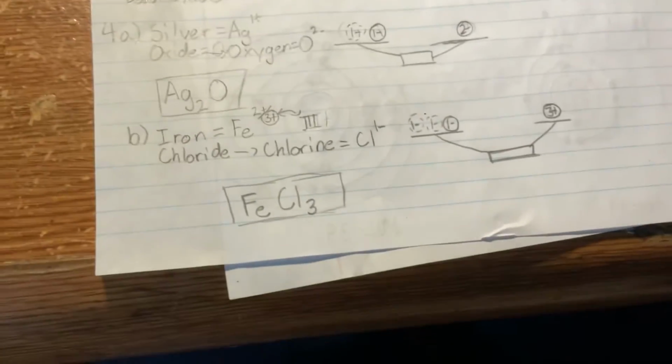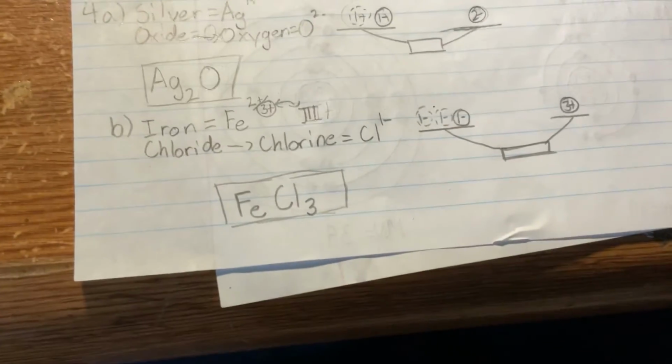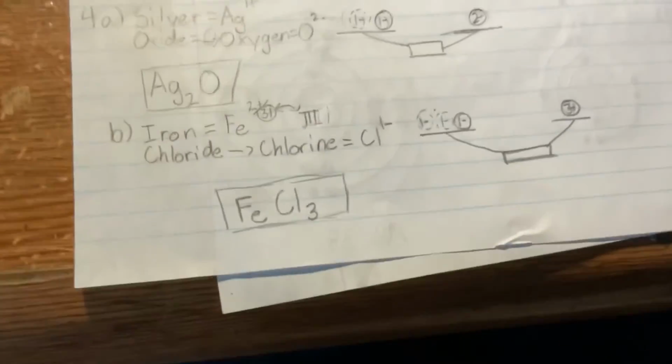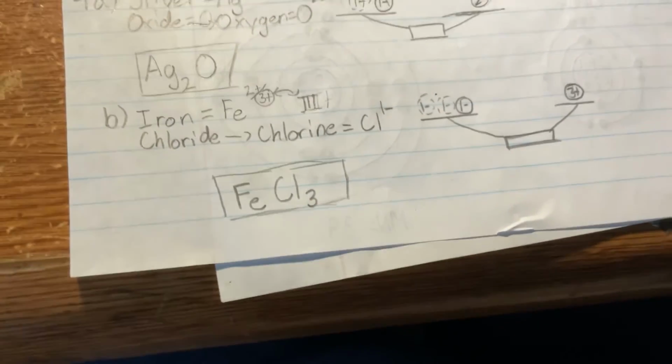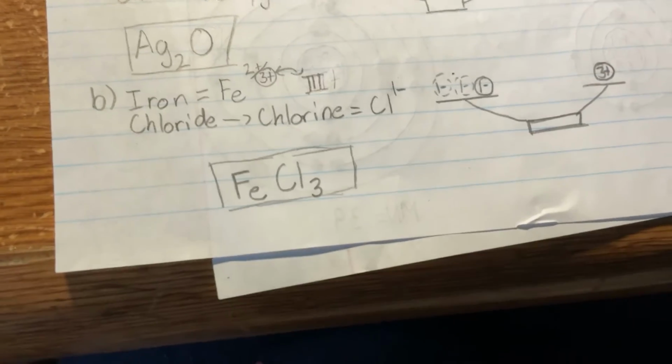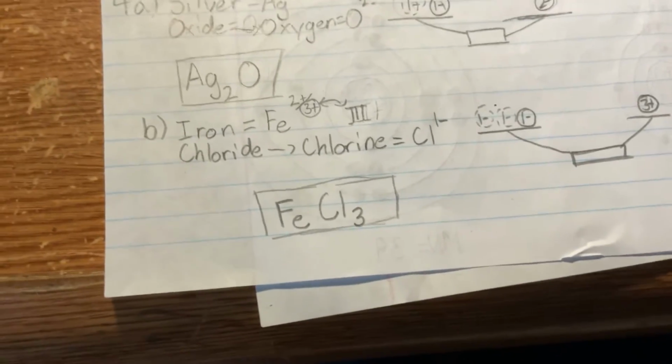For 4b, since iron is Fe, and it can either have an ionic charge of 2+ or 3+, we don't know. But since we know that it has a Roman numeral of 3 next to it, we can identify that 3+ is the version of iron we are using.